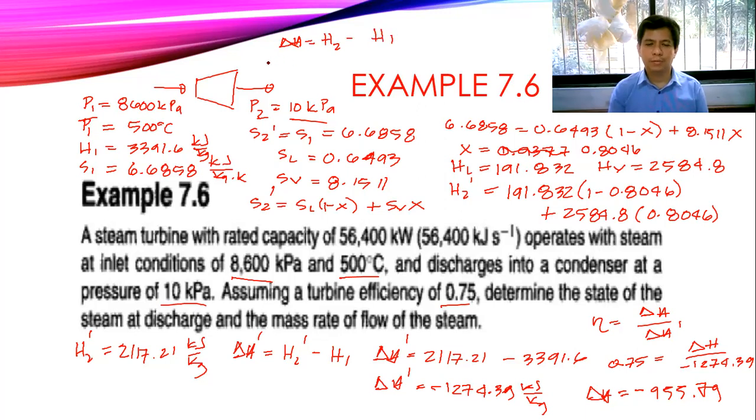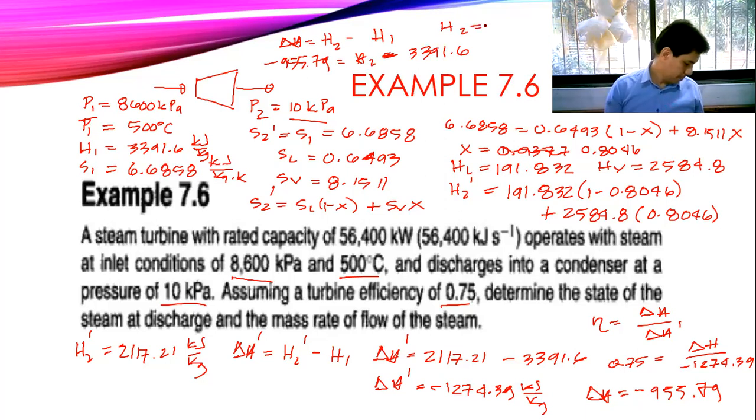Substitute nyo lamang yung value, negative 955.79, and then H2 is unknown. H1 minus, H1 is 3391.6. So therefore, H2 is 2435.3.